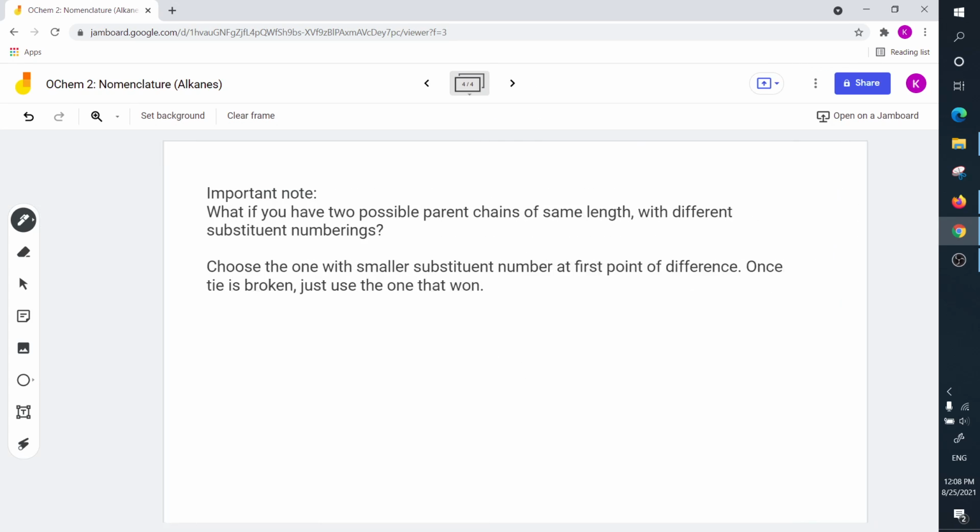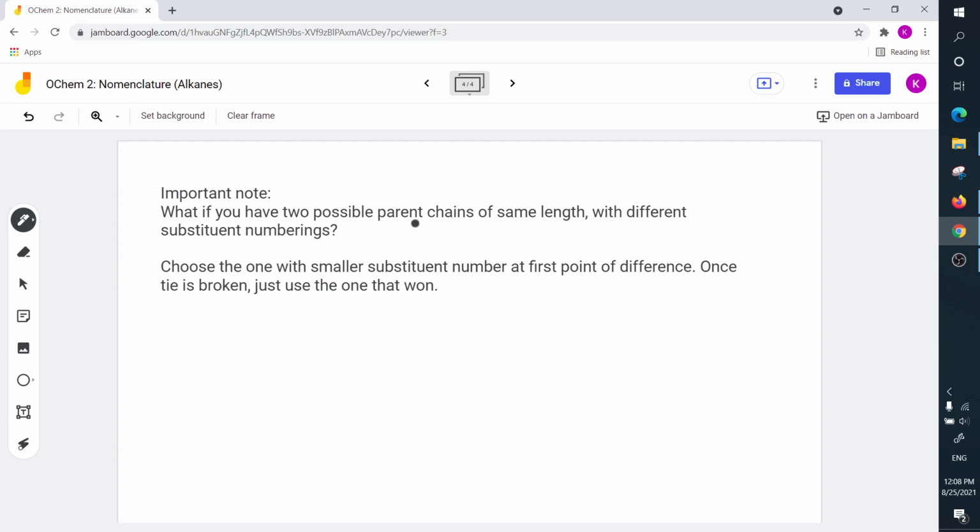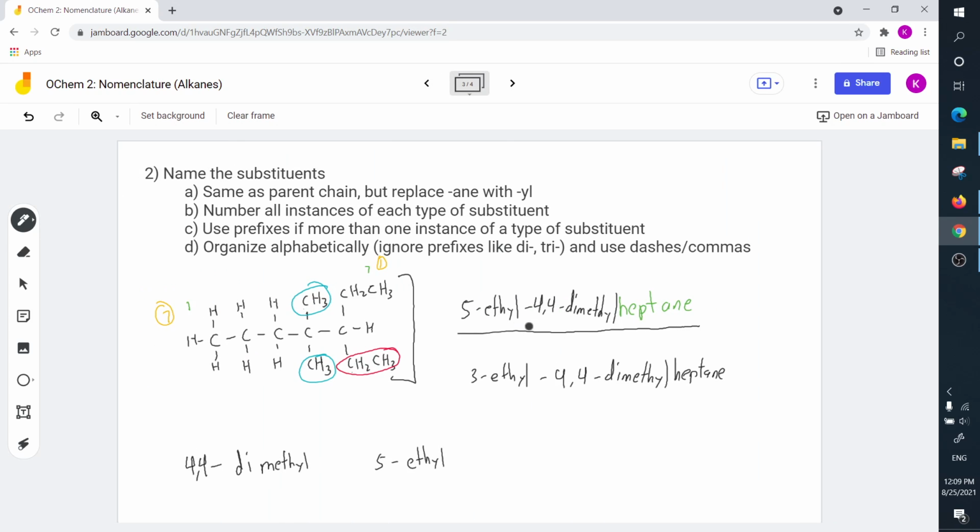So this goes into the next point. If you have two parent chains of the same length with different substituent numberings, choose the one with the smallest substituent number at the first point of difference. Once the tie is broken, just use the one that won. And what does that mean? Well, let's number this from smallest number to the largest number. For the top one, we have 4, 4, 5.